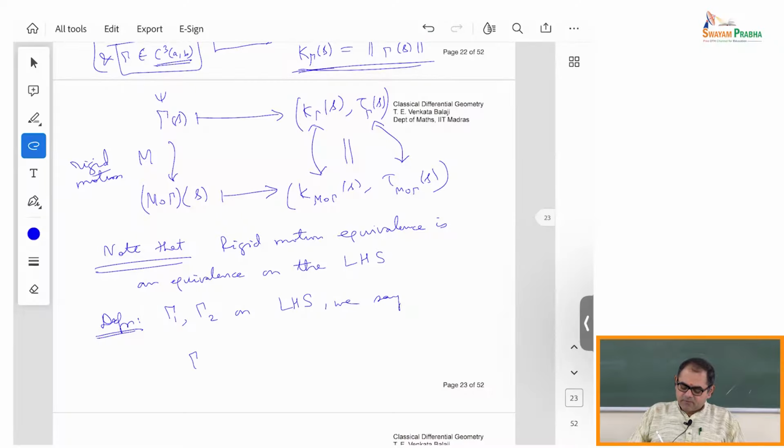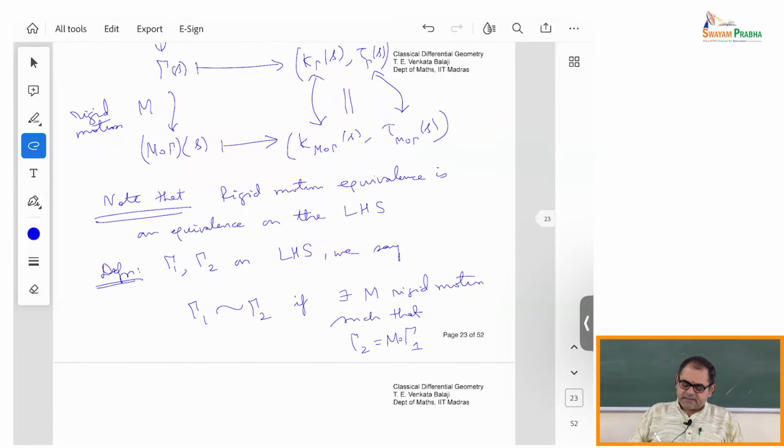Okay, and we say gamma 1 is related to gamma 2 if there exists M a rigid motion such that gamma 2 is M circle gamma 1.